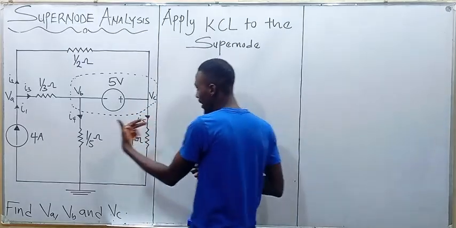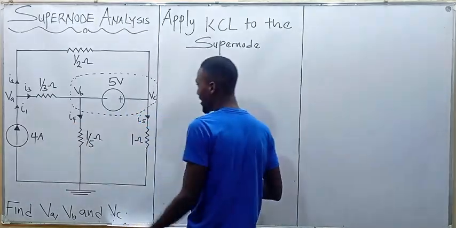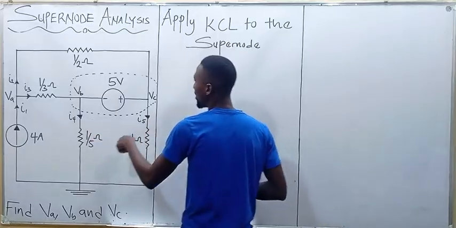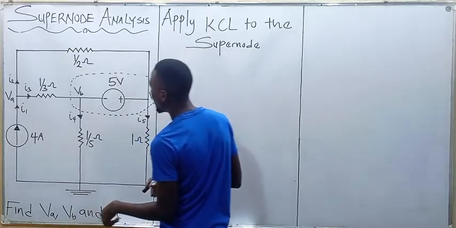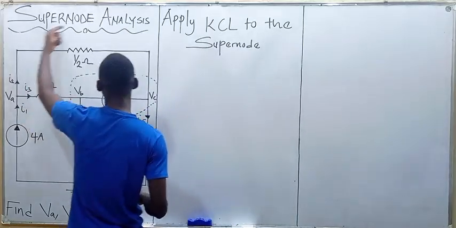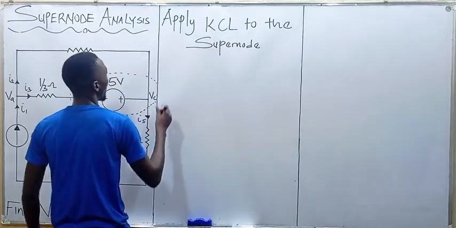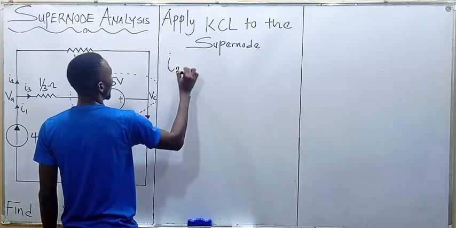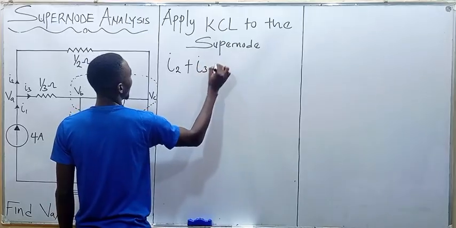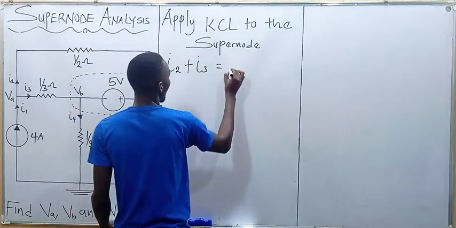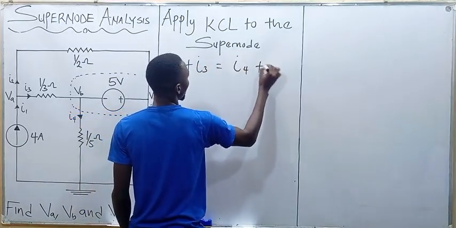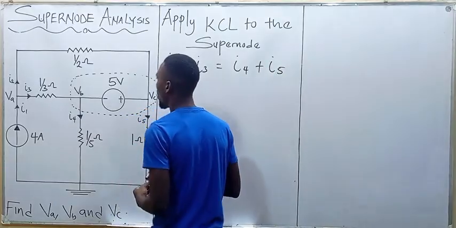If you look at the currents, I2 and I3 are entering, and I4 and I5 are leaving. So it's going to be I2 plus I3 equals I4 plus I5.